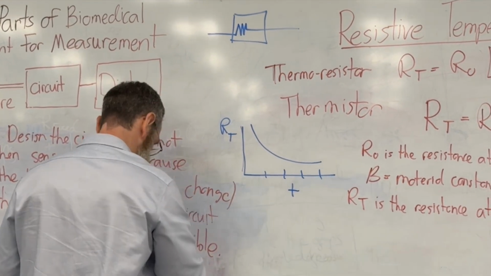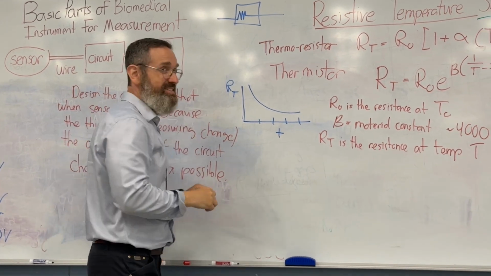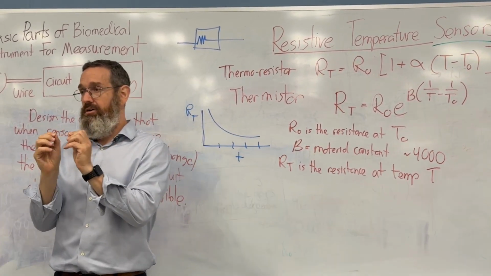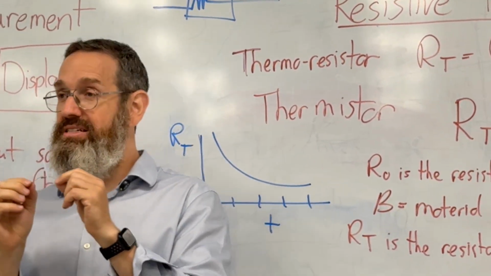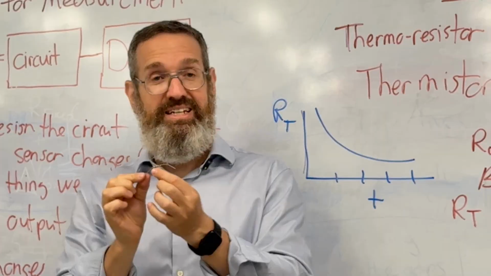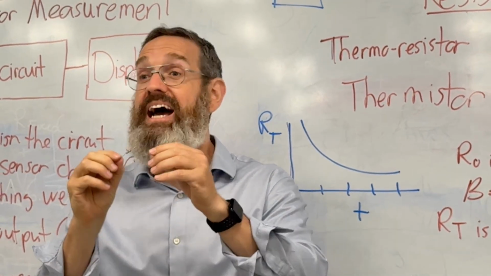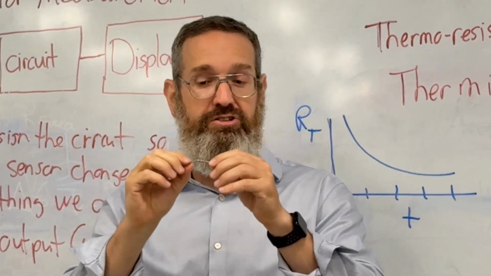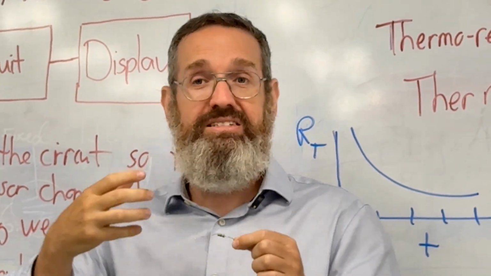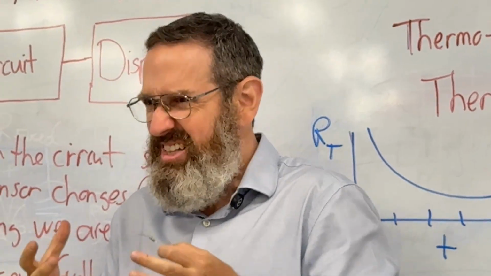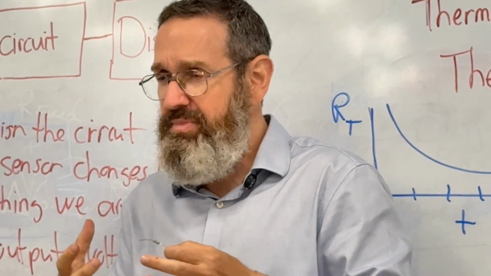A resistor is made out of something, and we discussed how the resistance is a function of what it's made out of. Bigger resistors are not necessarily bigger. They just put something in there that has more resistance, more resistivity. We'll talk about that property.